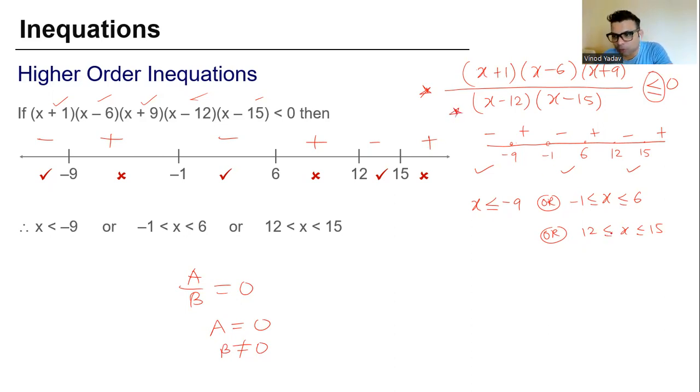Denominator cannot be 0. Means you can't put the equal to sign at 12 and 15, because the denominator will become 0, so it will become undefined. So here you should write like this. So just be careful. Don't just put equal to sign blindly everywhere. Exclude the equal to sign from the denominator roots. Okay. That's it.